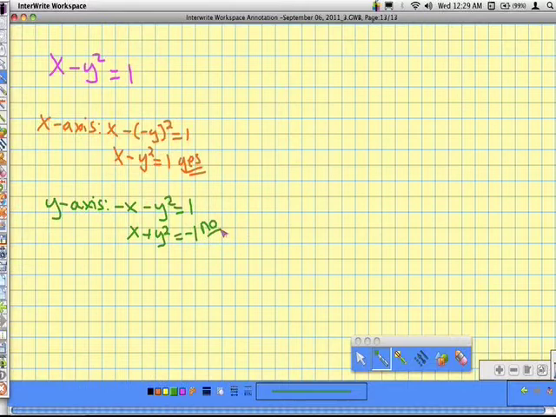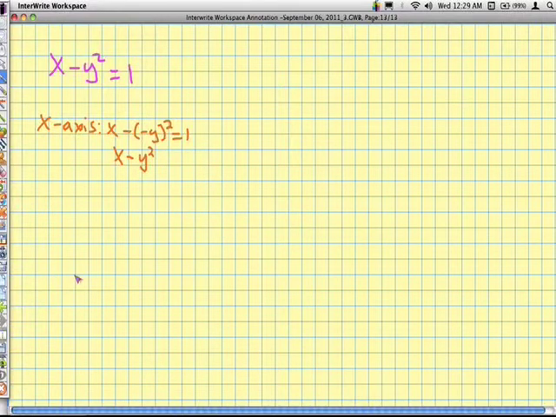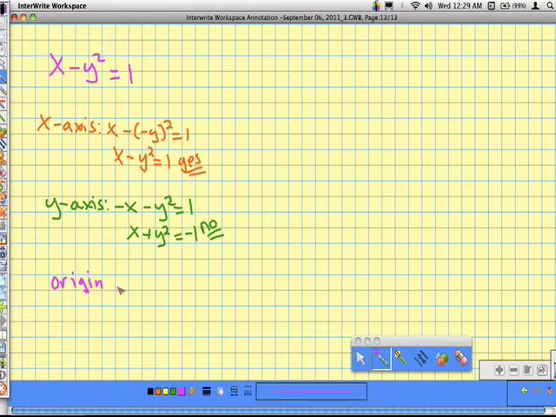And let's take a look at origin. So symmetry with the origin says we change both. So x becomes negative x, y becomes negative y, and we simplify.